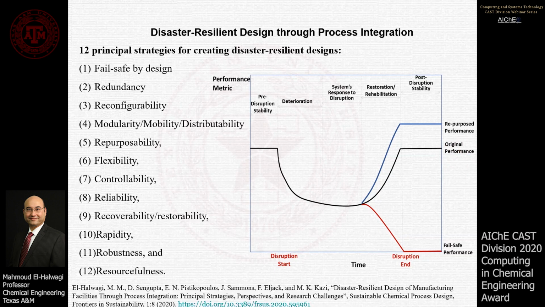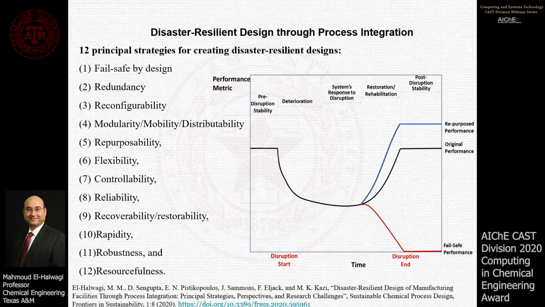Sometimes we should accept failure as an outcome of a natural disaster, but then we need to pre-design the system so that it fails safely. And that requires thinking early enough during conceptual design or retrofitting to make the design fail safe.